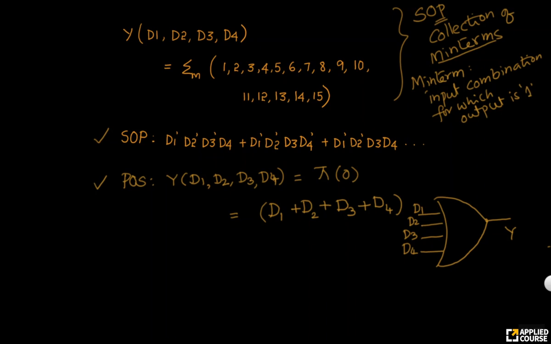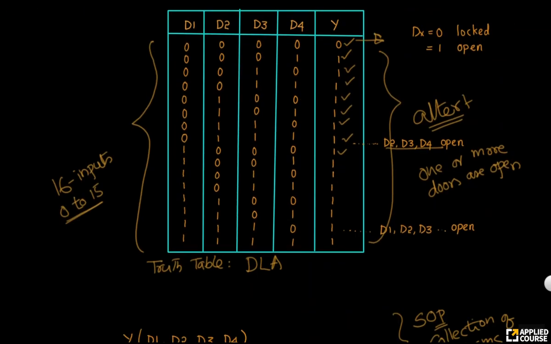In the previous description, we have shown that out of the 16 combinations, 15 combinations have output 1. For these 15 combinations, we can write a sum of products expression.